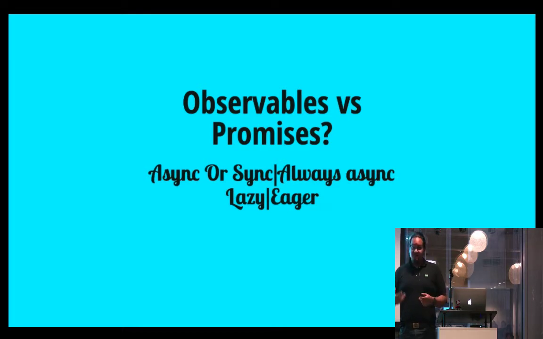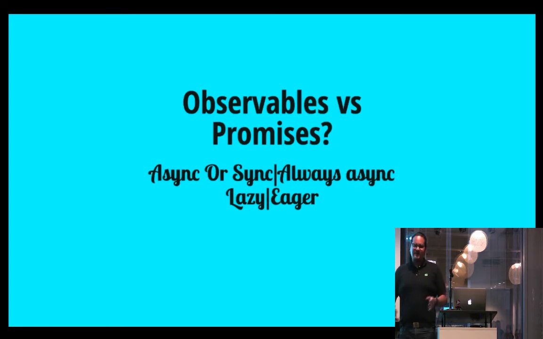Observables are lazy, while promises are eager. What does that mean? If I create a fetch request using the new fetch API, and I'm trying to make a GET request to an API endpoint, that AJAX request is in flight as soon as I call that promise. But with observables, if I use the observable AJAX methods, I can define an API request and then use that at some other point in my application.